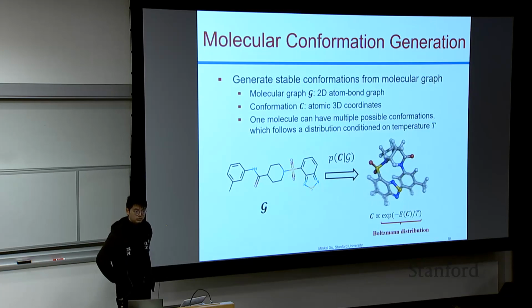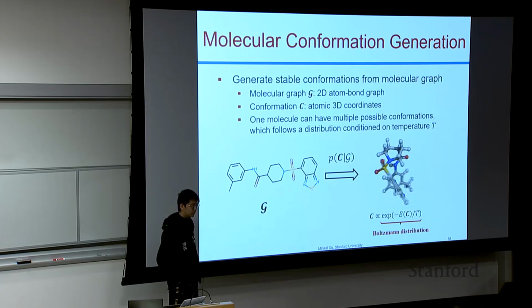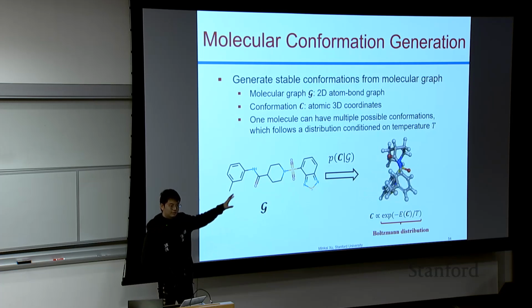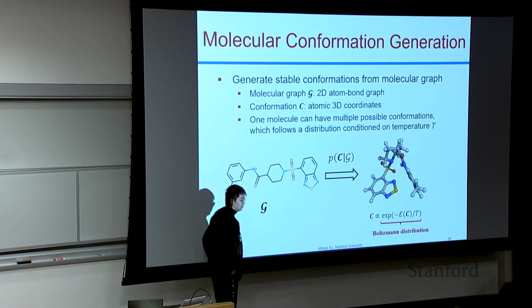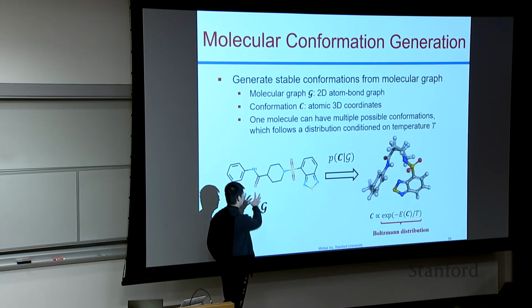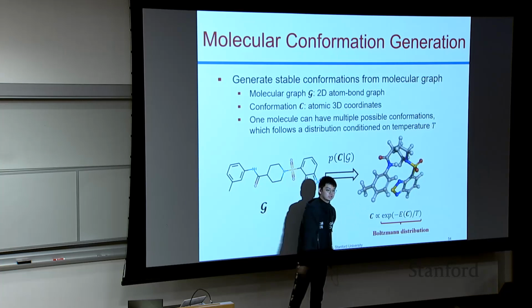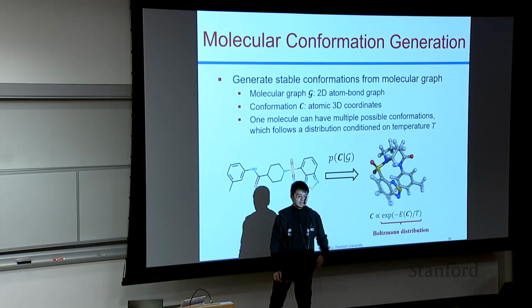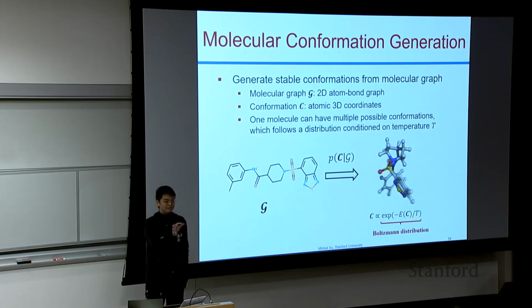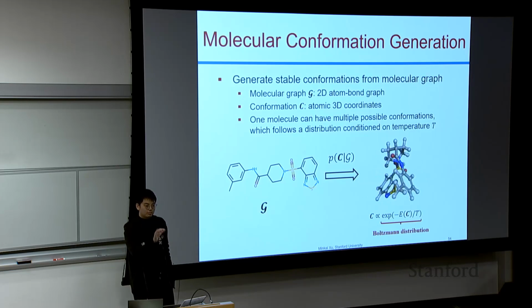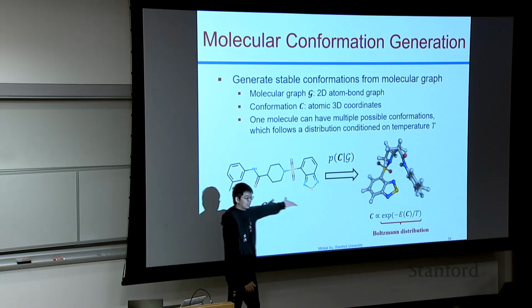Okay, so today the problem I would like to concentrate on. We need a task to concentrate on to introduce our model. So given the molecular graph, we want to predict its 3D structure. And as this friend just said, every molecule will have multiple different structures. So naturally, this is not a prediction task.